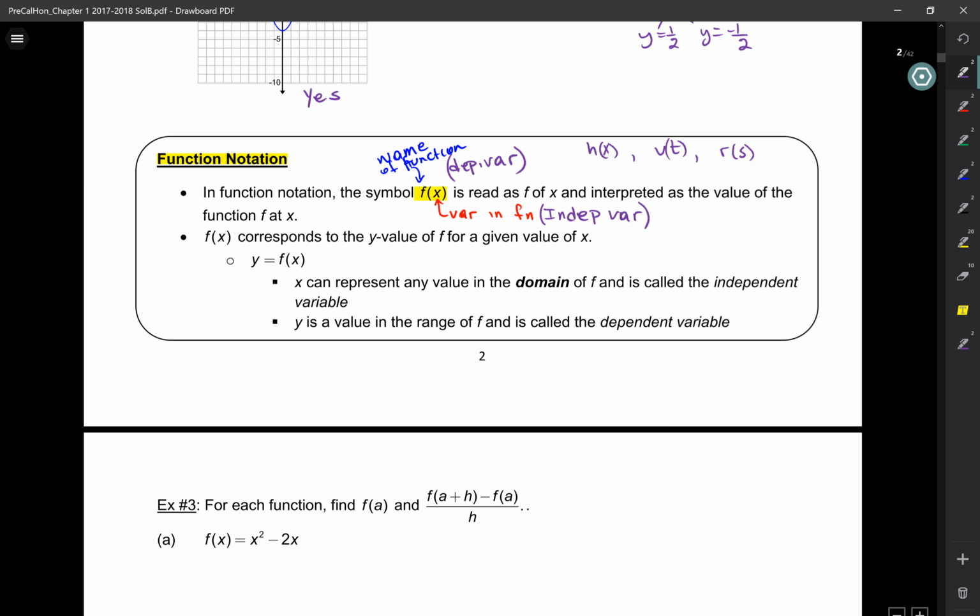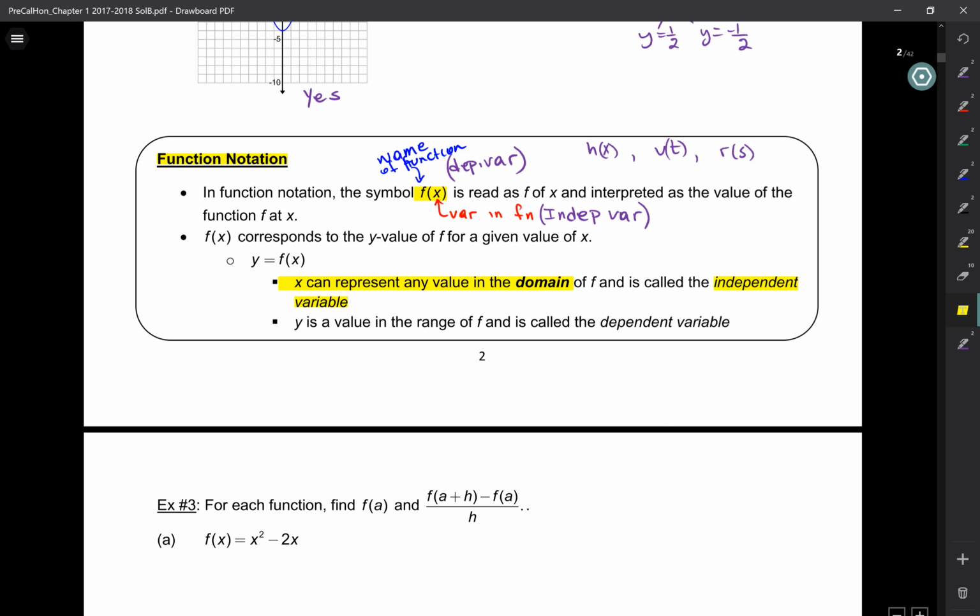Another way to look at it is that all of the values of x that can fit into that function define the domain of the function. So x can represent any value in the domain, and once again, it's the independent variable.